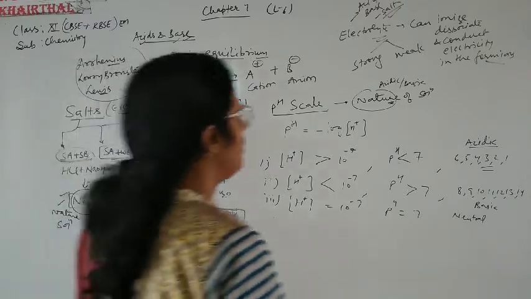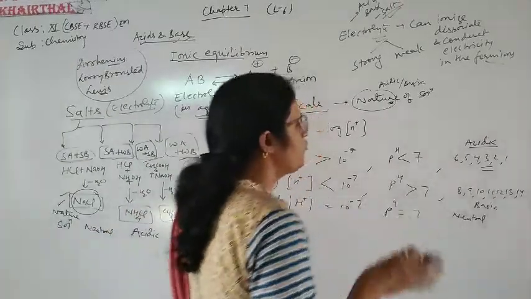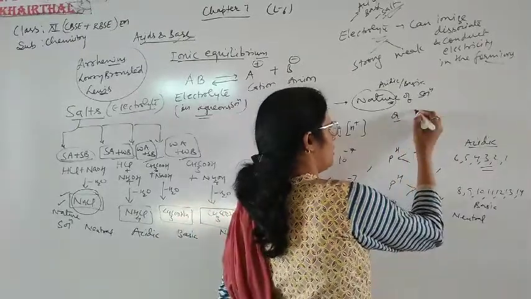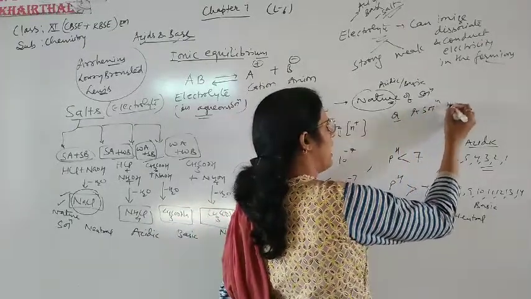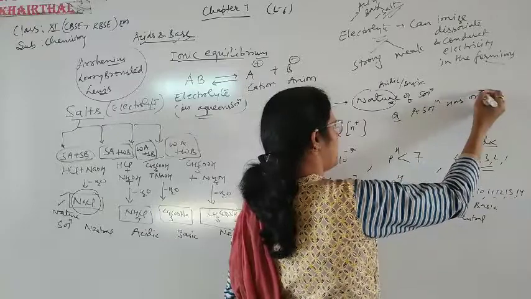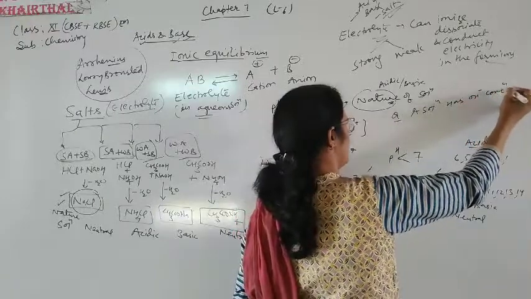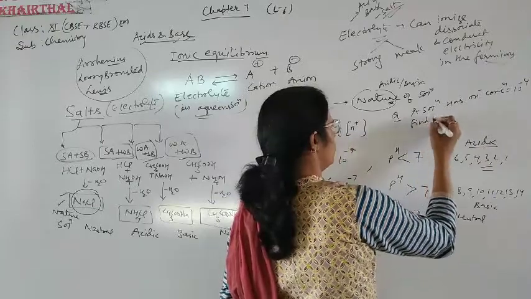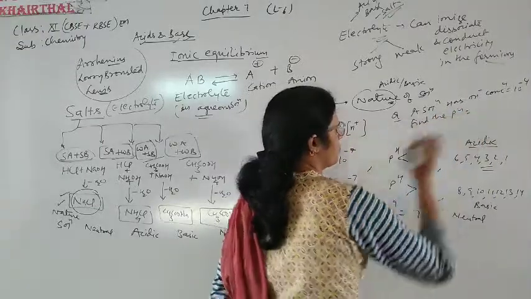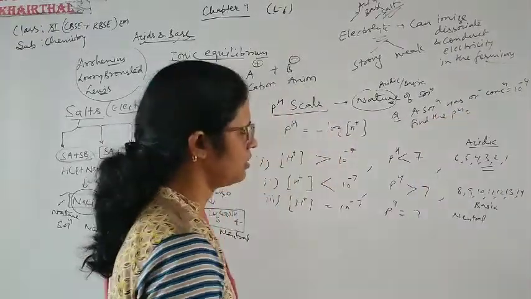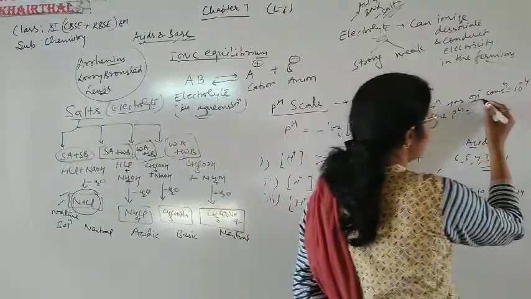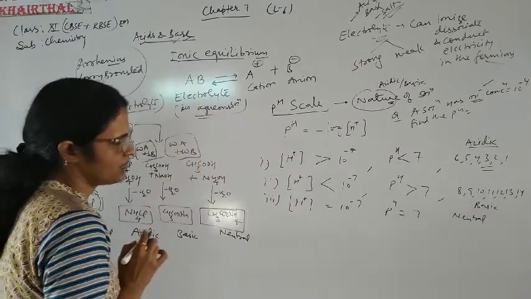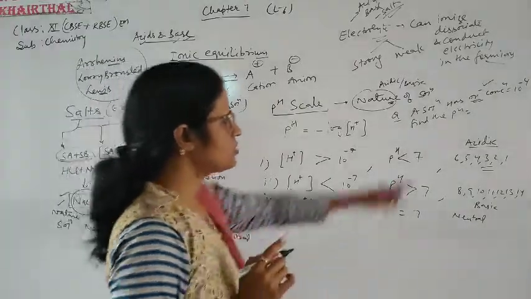So there are so many questions we can calculate by this. For example, a solution has OH- ion concentration 10 raised to power minus 4. Find the pH. It has given the concentration of OH- ion. So how will we solve this question?